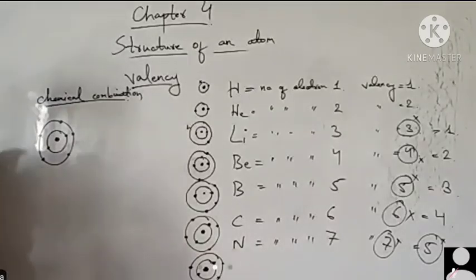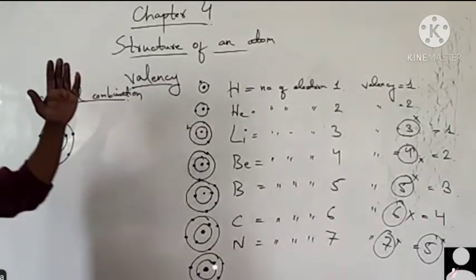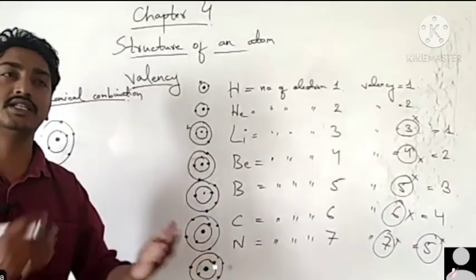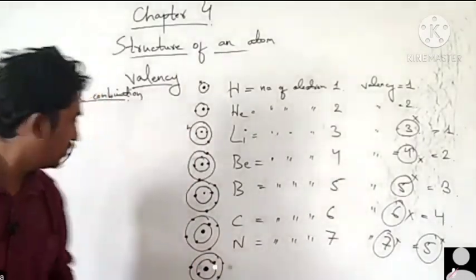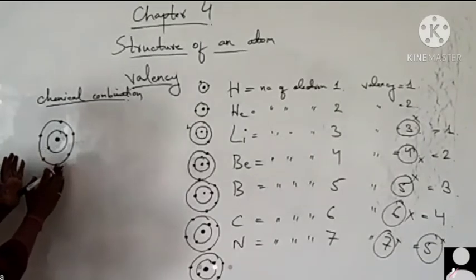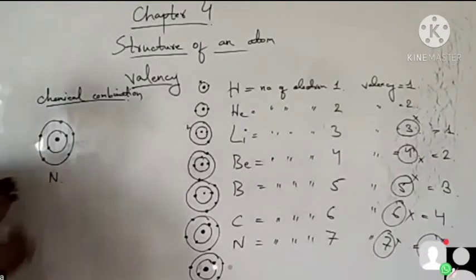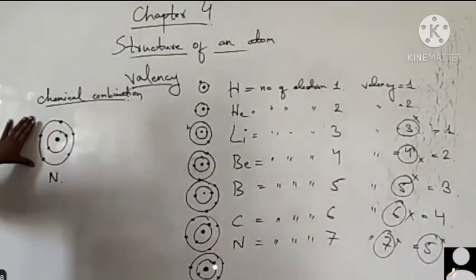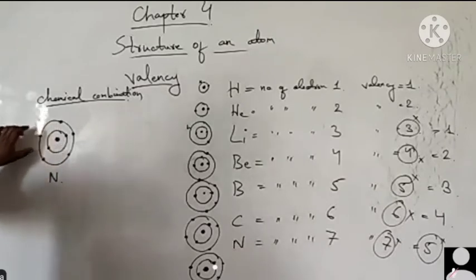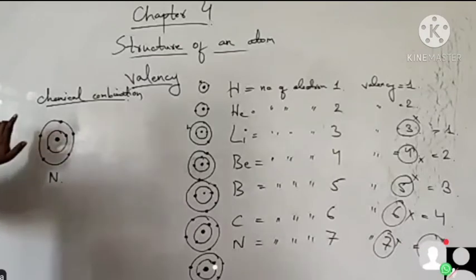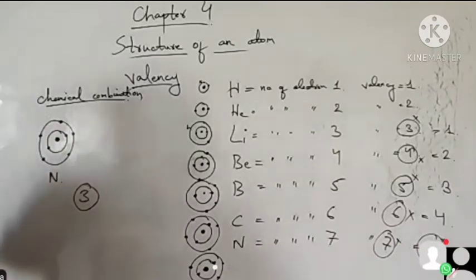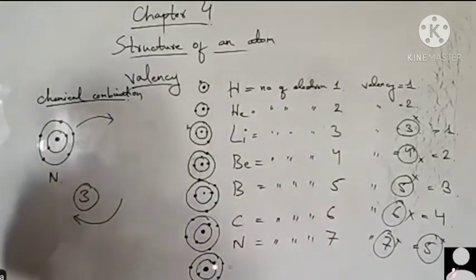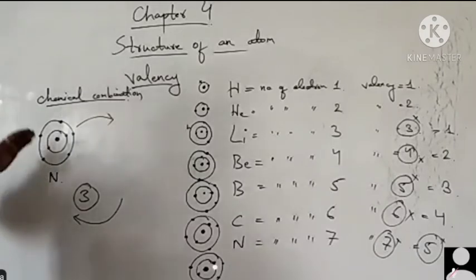So the definition of valency itself describes that it is the combining capacity of an element. So for nitrogen to complete its octet, in chemical bonding, how many electrons does nitrogen require? 3. So instead of giving 5 electrons, it will take 3 electrons.